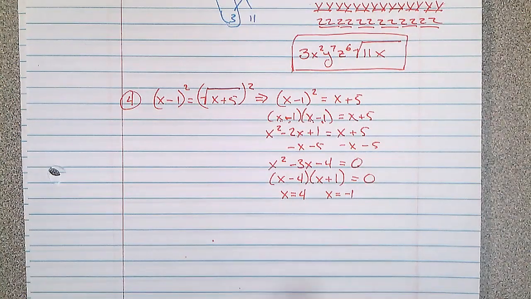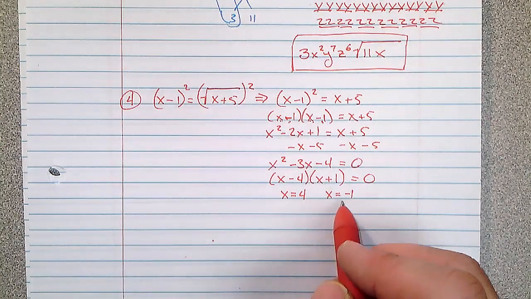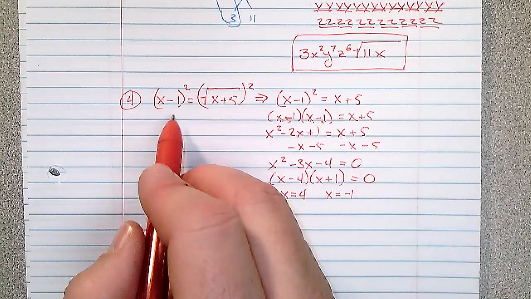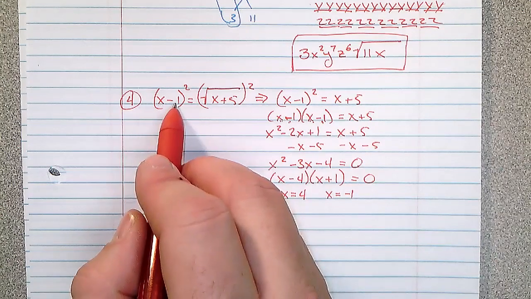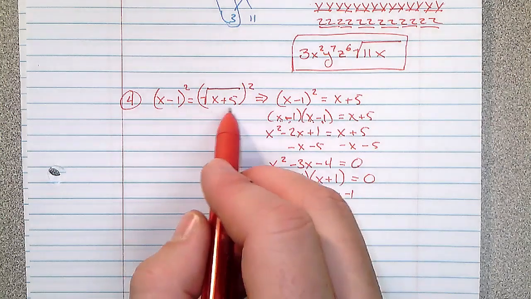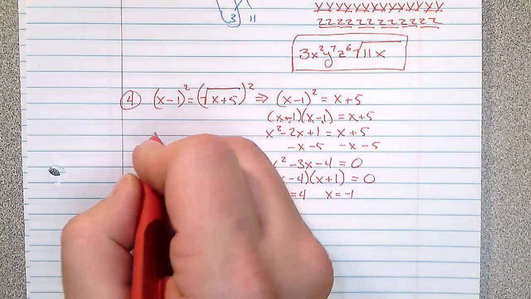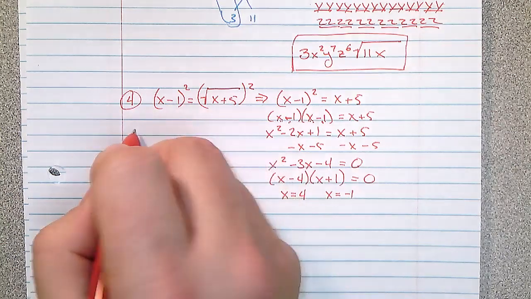We're almost done. Now we need to check for extraneous solutions. So we go back to our original and we plug in negative 1. X minus 1 is minus 2. Negative 1 plus 5 is 4, the square root of which is 2. So let's write this out.